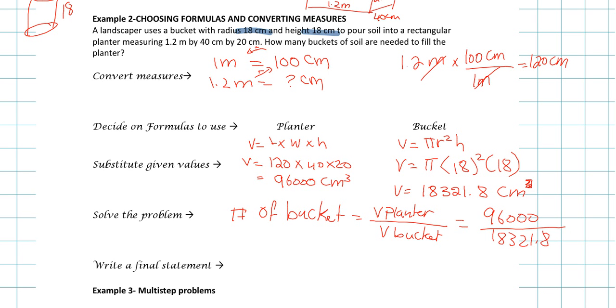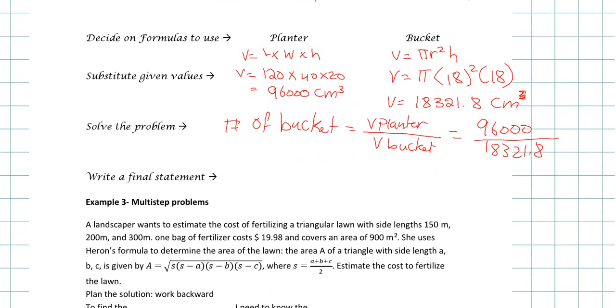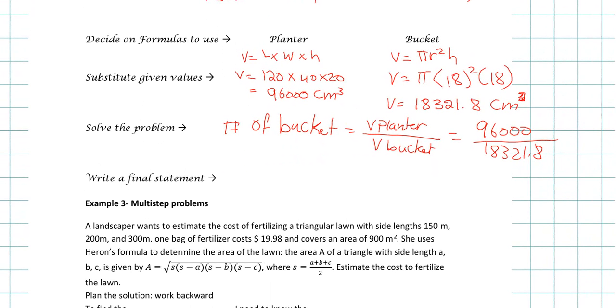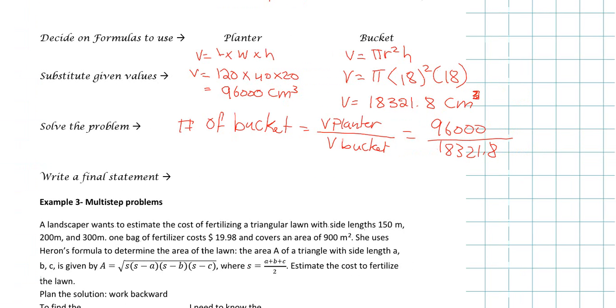So you're going to say, therefore, approximately 5 buckets are needed to fill the planter.